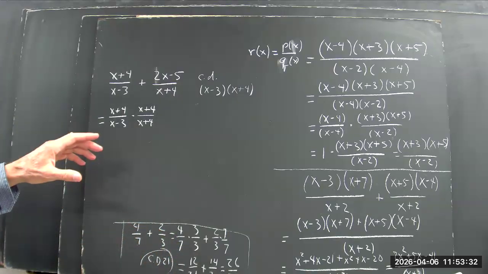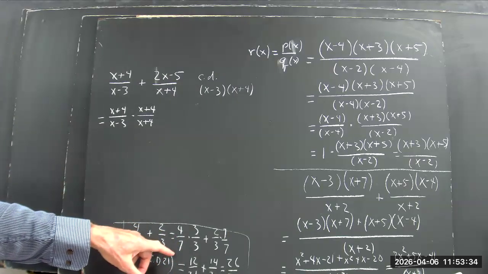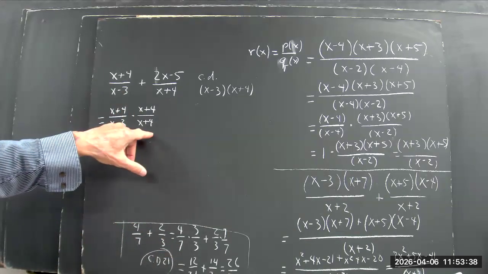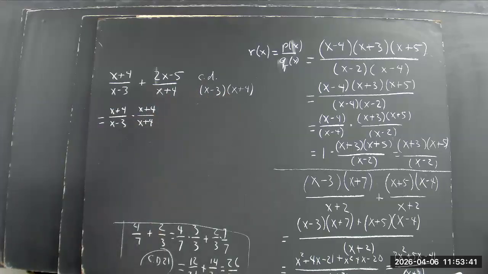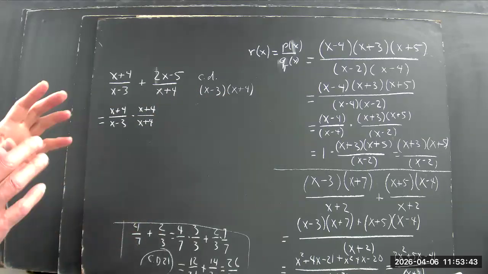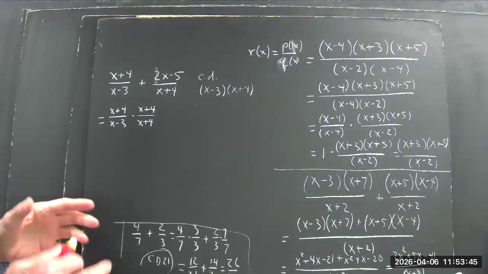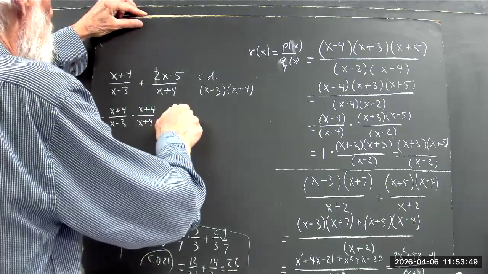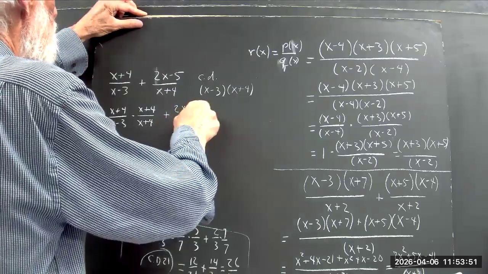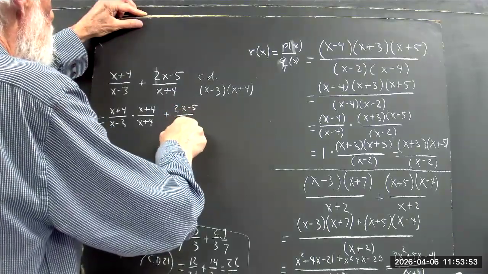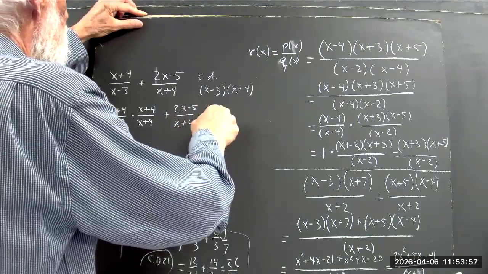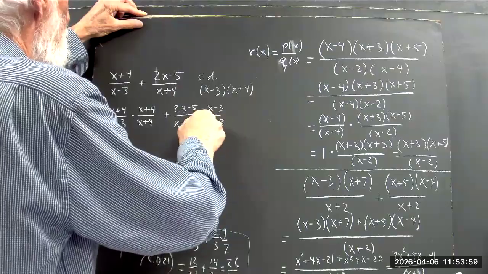We get our common denominator. Before it was 7 times 3 is 21. Here the denominator is x minus 3 times x plus 4. That could be multiplied out, but until you've got everything simplified, you want to keep it in factor form. Okay, then we've got our 2x minus 5 over x plus 4. And we multiply that by x minus 3 over x minus 3.